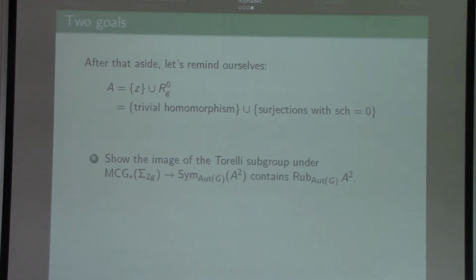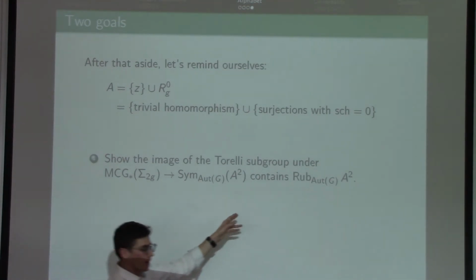So if we take two of these surfaces that are sitting next to each other, we want to know, if I start Dehn twisting, or doing some products of Dehn twists on curves that are supported on the union of these two subsurfaces, what kind of gates can we get? Can we get this full Rubik subgroup here?